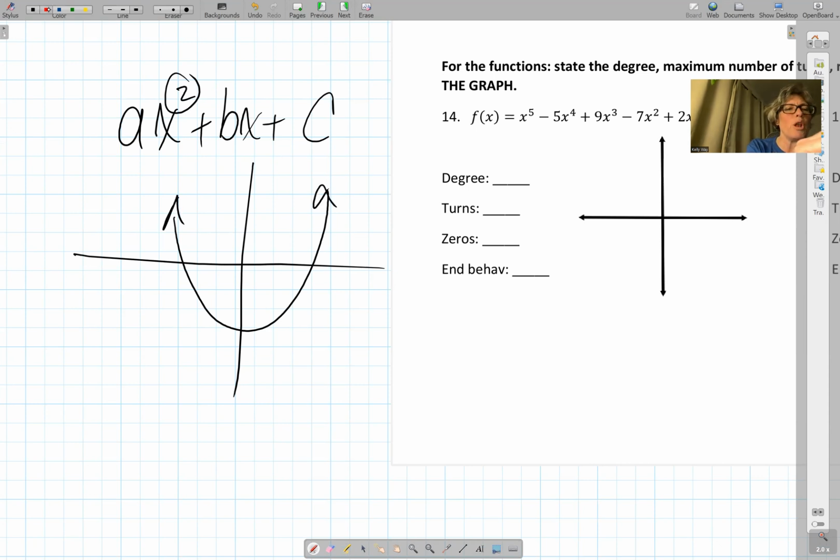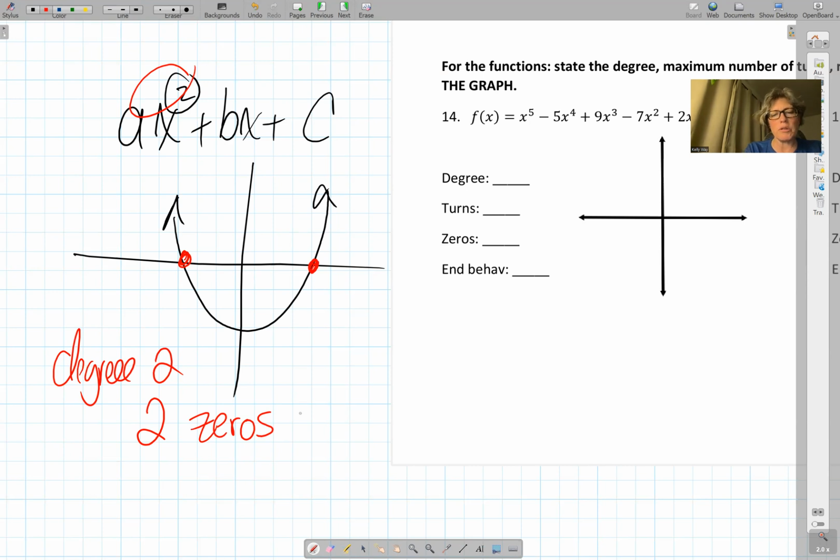All right, which implies it has two zeros, and therefore the degree is 2. So in this case, the degree is 2, and you have two zeros.